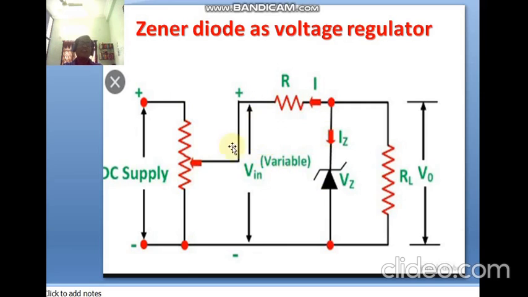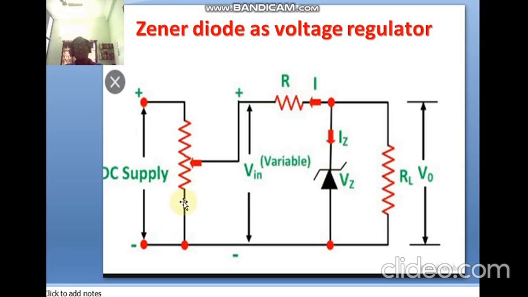When unregulated current or voltage enters the diode, the output can be regulated, therefore the resistance is high here. The choice of the value of this resistance depends on Vz. The current gradually increases, and we choose the series resistance in such a way that Vz is not damaged.